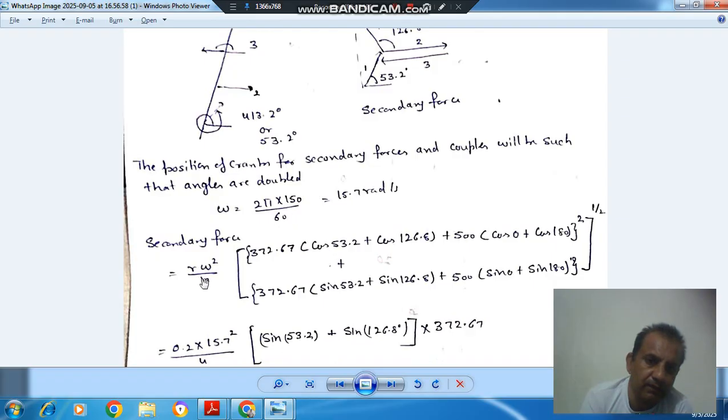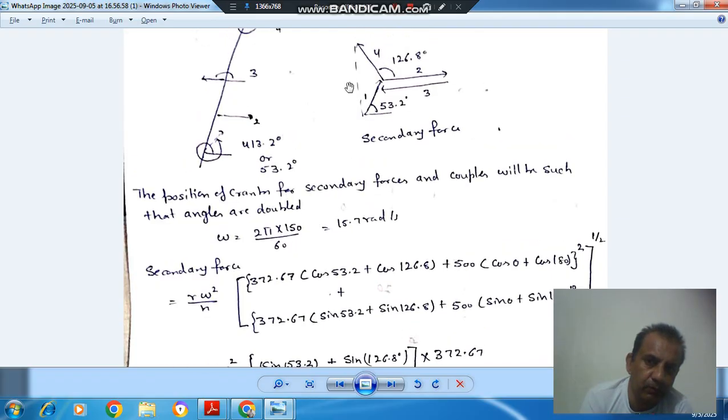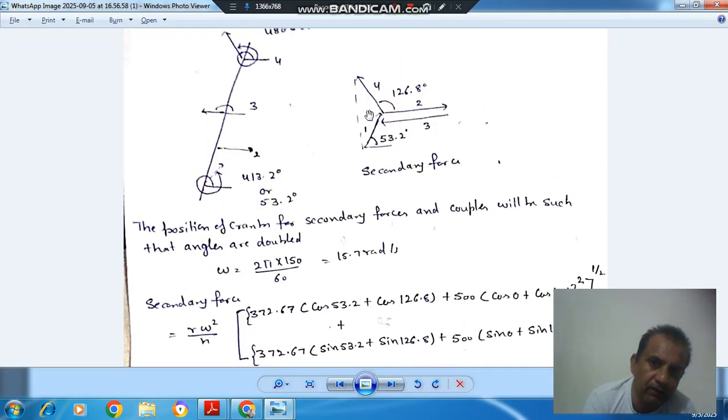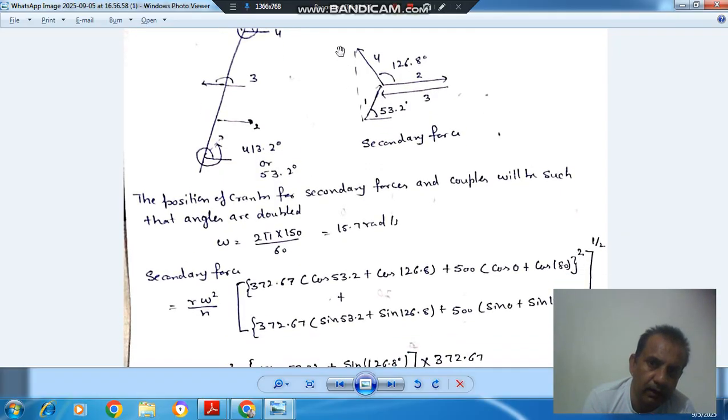We have to find out the secondary unbalanced force. So secondary unbalanced force can be found like this. We will draw M1R1, then M2R2, then M3R3, and then M4R4.